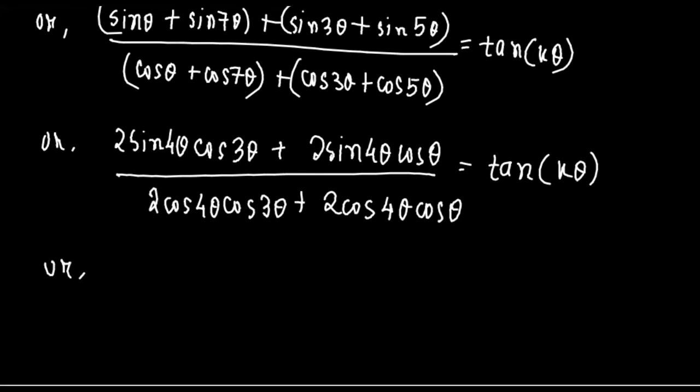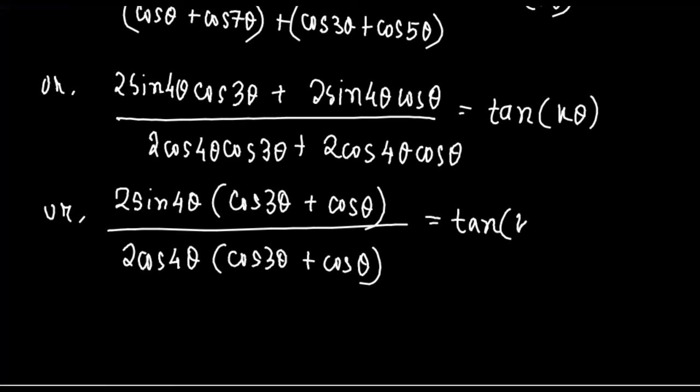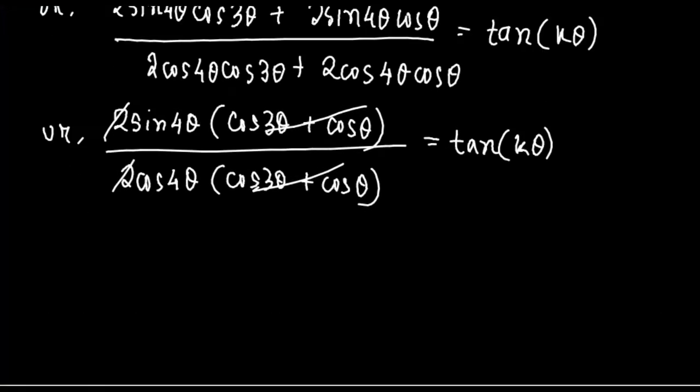Now if we take 2 sin 4θ common from the numerator, it comes as cos 3θ plus cos θ, and from the denominator, if we take 2 cos 4θ common, it is also cos 3θ plus cos θ, equal to tan kθ. Now the common factors get cancelled, the 2 and 2 cancel, so it is sin 4θ by cos 4θ, that means tan 4θ, equal to tan kθ.